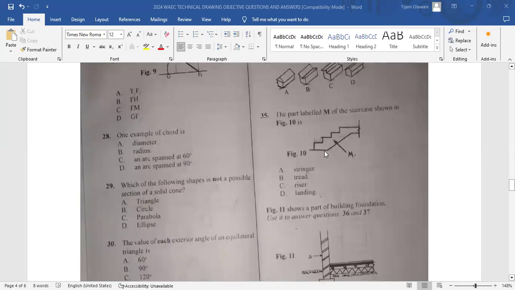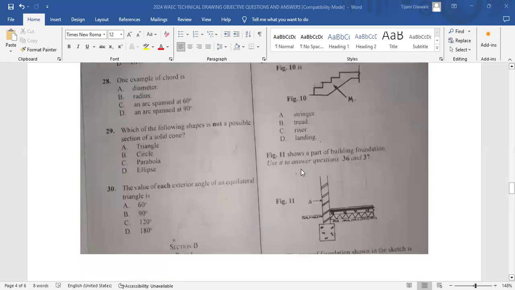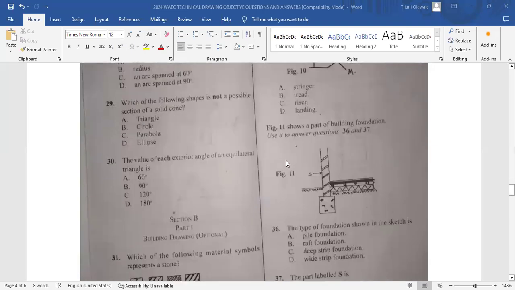Then question 35. The part labeled hem of the staircase shown in figure 10 is stringer. So that is option A. Then questions 36 to 37, we have to use this diagram to answer.